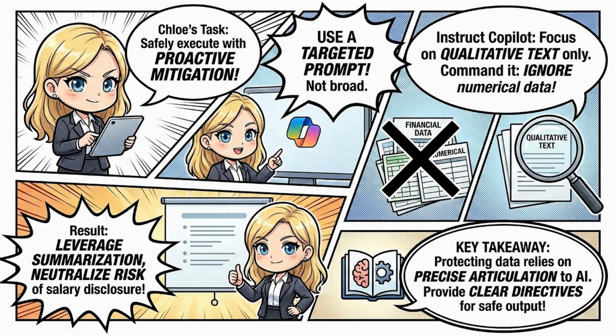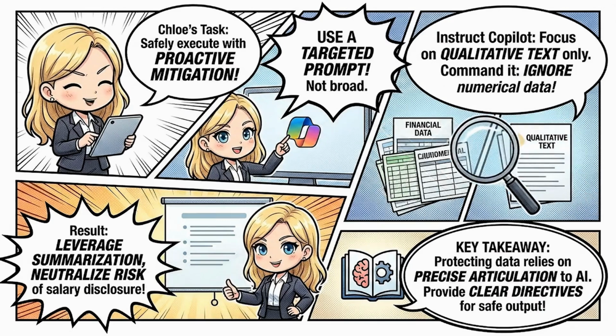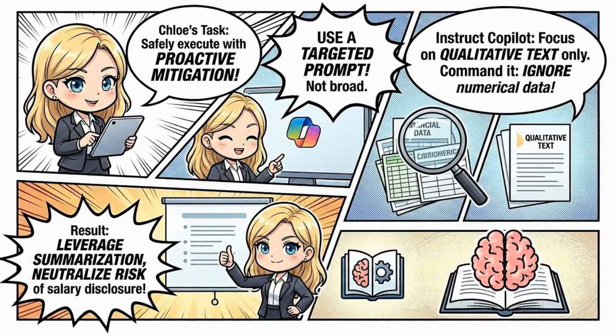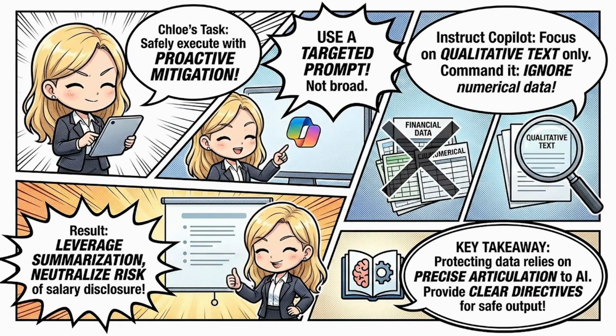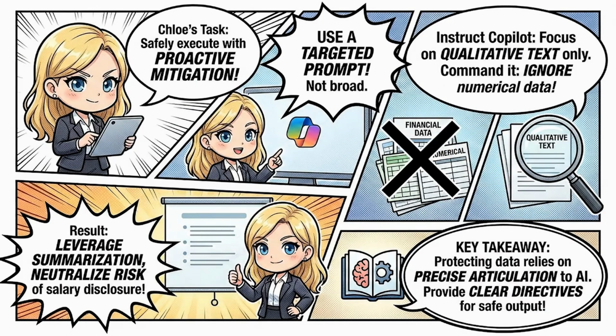By adopting this approach, Chloe leverages Copilot's summarization power effectively, while completely neutralizing the risk of an accidental on-screen salary disclosure during her presentation. This demonstrates that protecting sensitive data often relies on the user's ability to precisely articulate their needs and limitations to the AI.